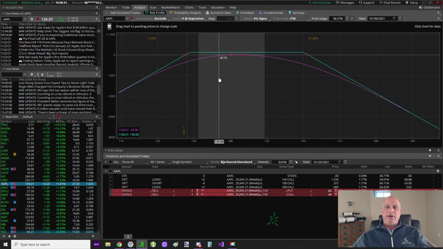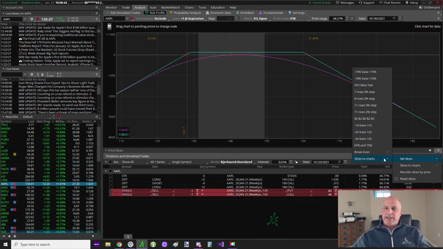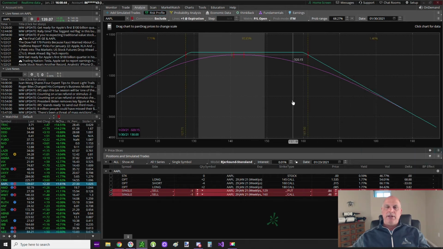You're collecting $1.30 on the trade. It would be the sum of 84 and 46 cents. You're collecting about $1.30 on the trade. And if I set slices to break even on 130, that's a 90% chance of success for next week. And then your buying power reduction will be probably double what you had before.